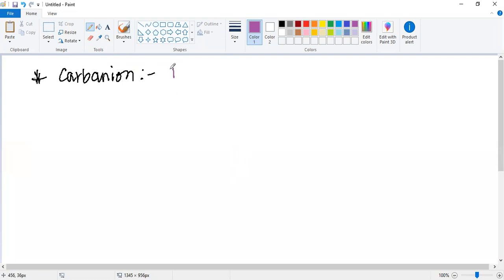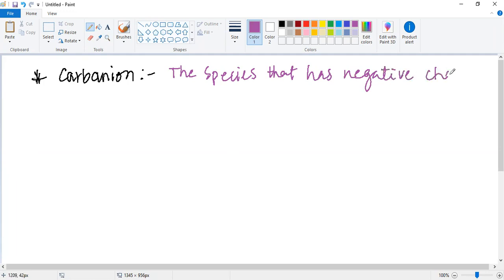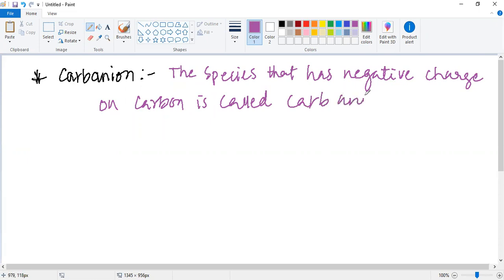The species that has a negative charge on carbon is called a carbanion.